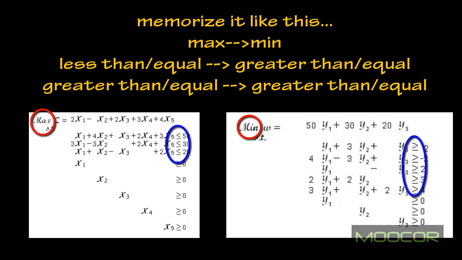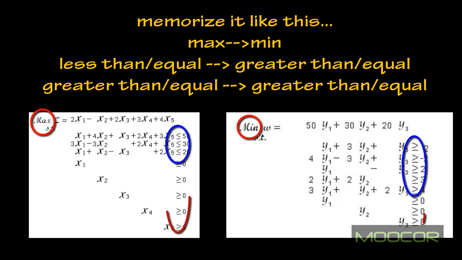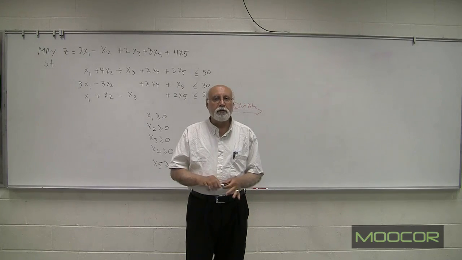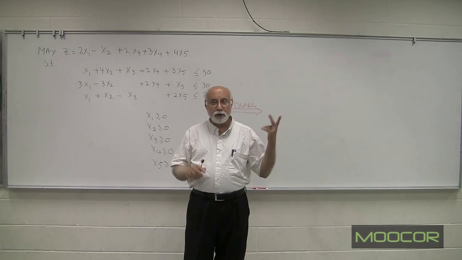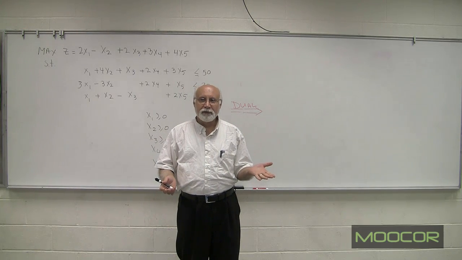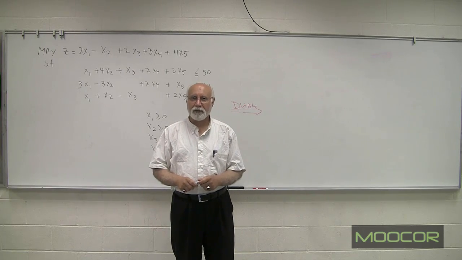For a max problem to min, the first group of signs are less than, greater than, and the other one greater than and greater than. We are going to show you how to write the dual of a problem in a very simple format, and then we will make adjustments accordingly.